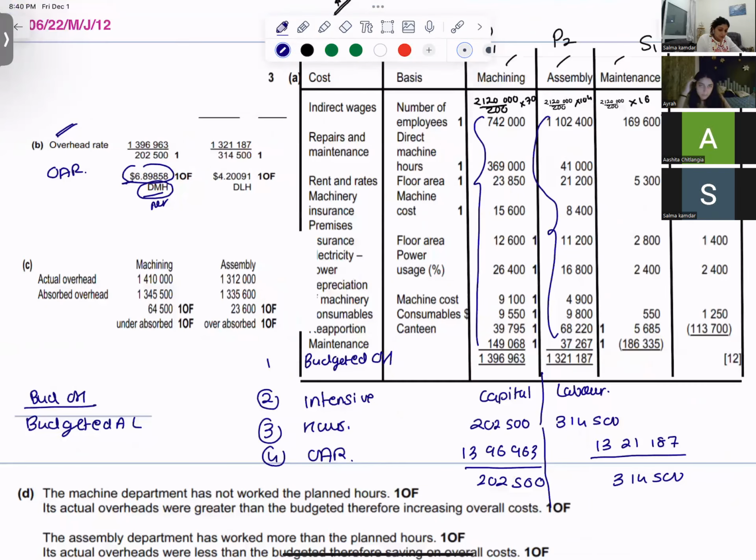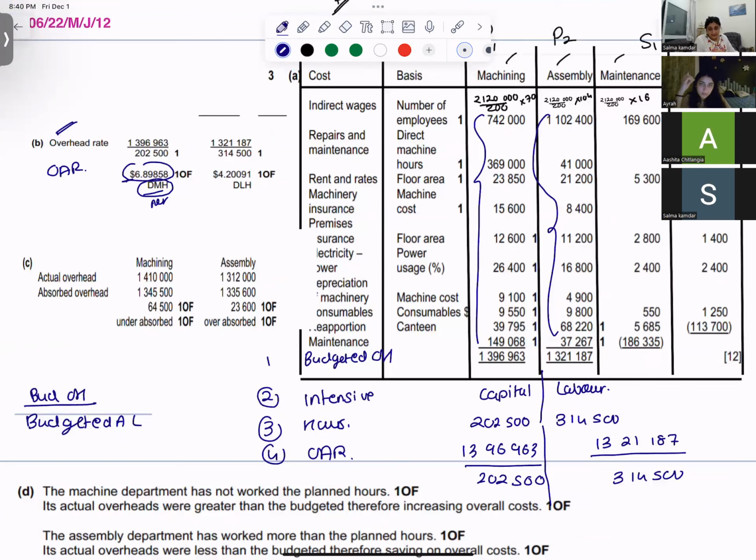So we have to show working also. Yes. The very first thing you will always do is allocation, apportionment, reapportionment. You will reapportion first that department that is giving services to all three, then that department that is giving services to only two. The one that is a dash will be reapportioned last.